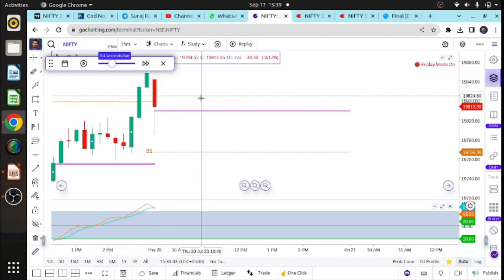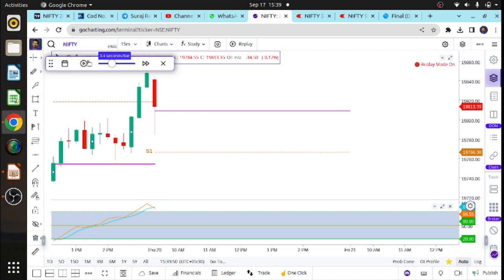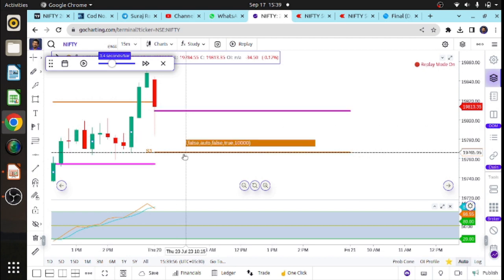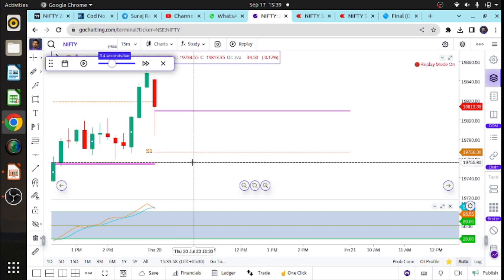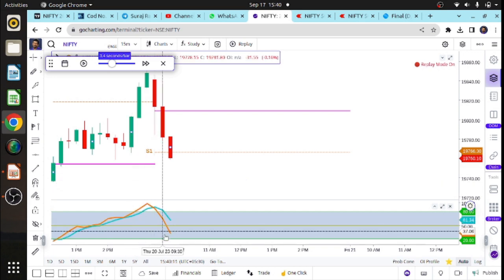Nifty has opened gap down, and it is above this pivot point. We'll take entry only if it breaks the first candle, but immediately the pivot is showing support region 1. So most probably we are going to avoid the put option here, and only take the put option if support 1 is breaking.